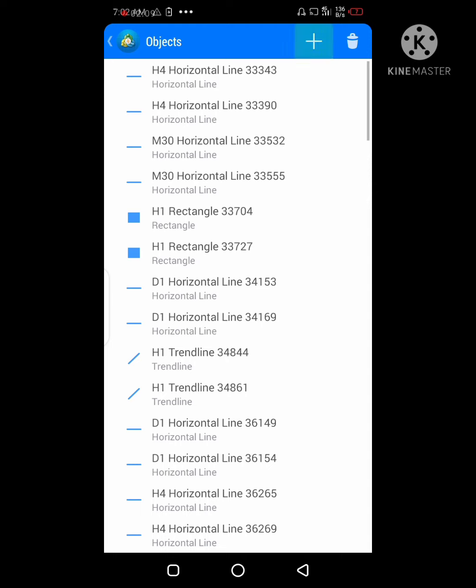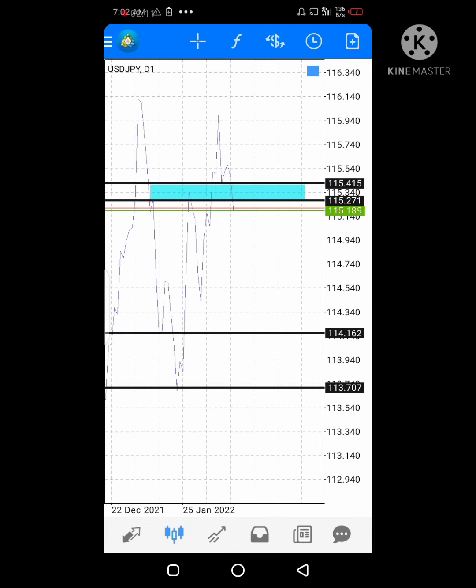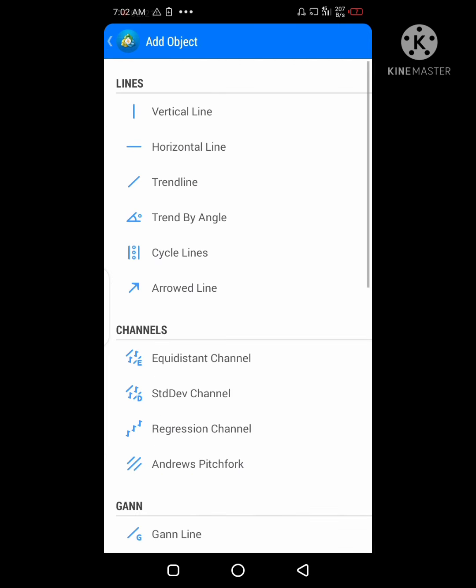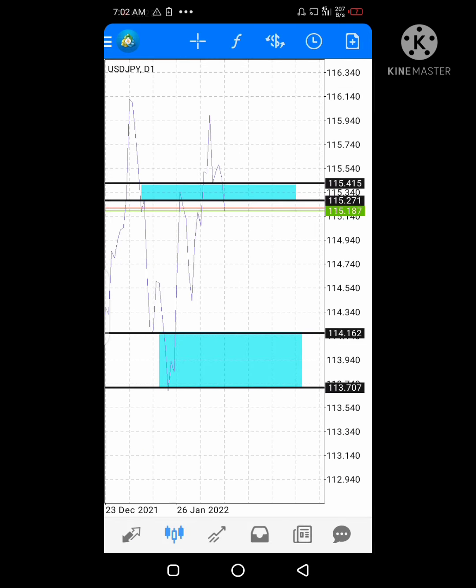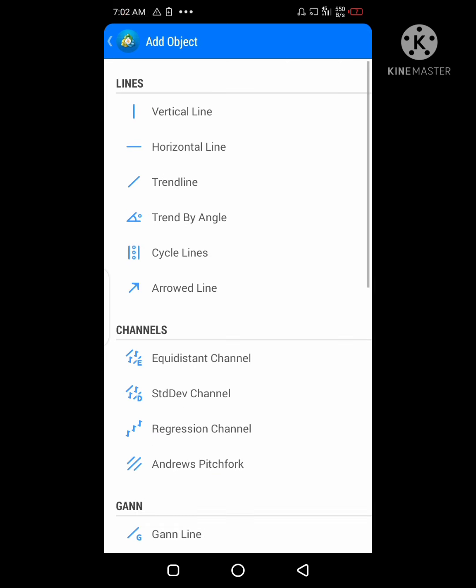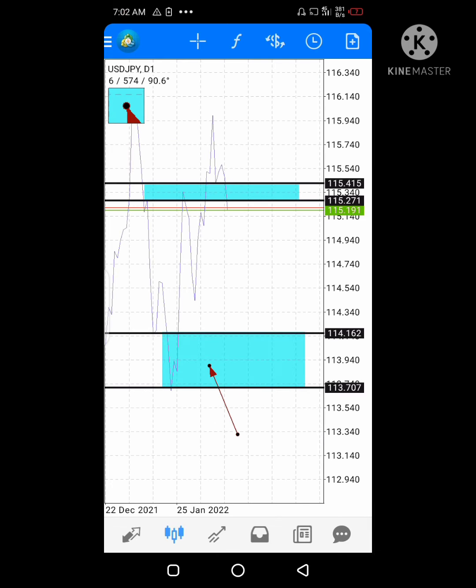I'm just going to highlight this area, and I'll look for a possible entry inside this zone right here.